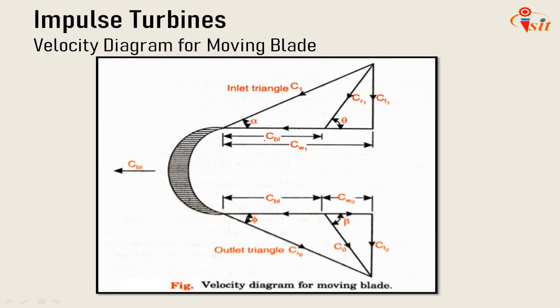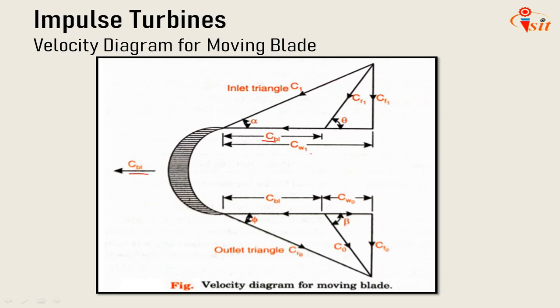This is the blade, and Cbl is nothing but the linear velocity of moving blade, in the left direction, in meters per second.